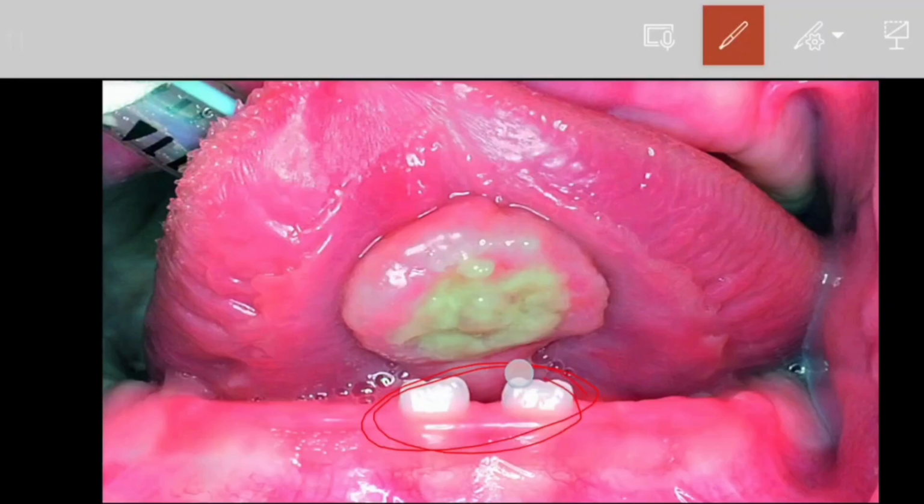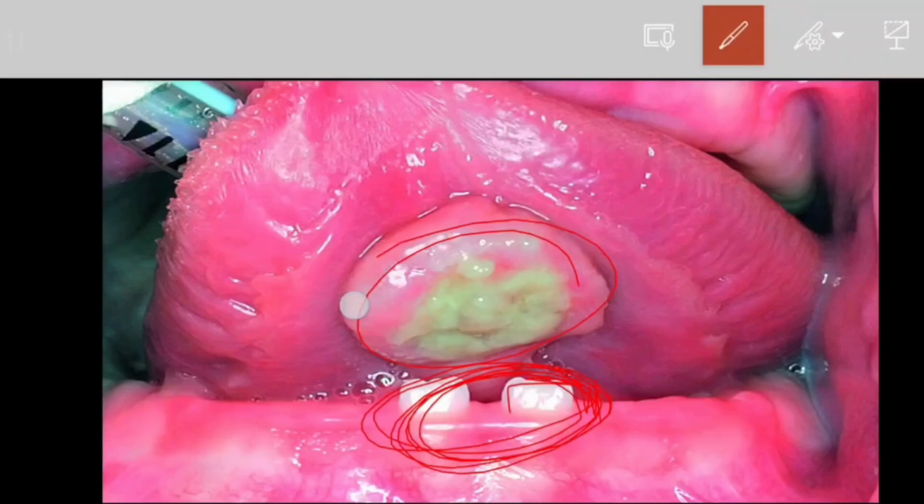The baby's tongue is positioned close to these teeth, and during feeding the baby naturally moves the tongue forward, and because the tooth is sharp or prominent, the tongue repeatedly comes into contact with it. Every time the baby feeds, the tongue moves forward, contacts the tooth, friction occurs and tissue gets injured. If this happens repeatedly, an ulcer will develop.